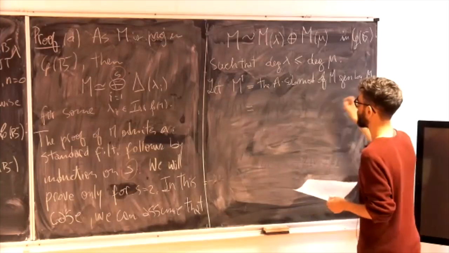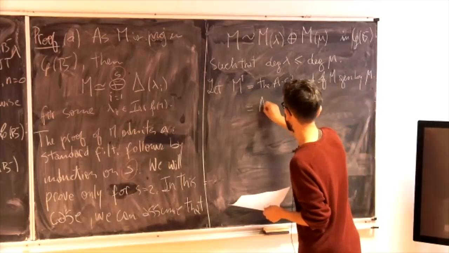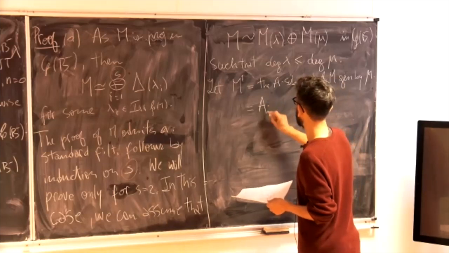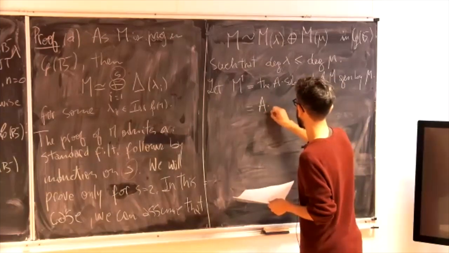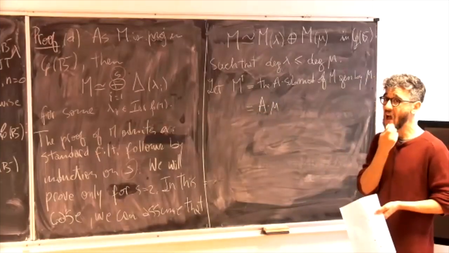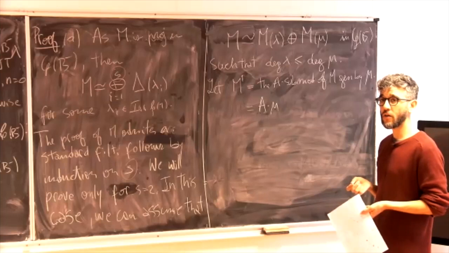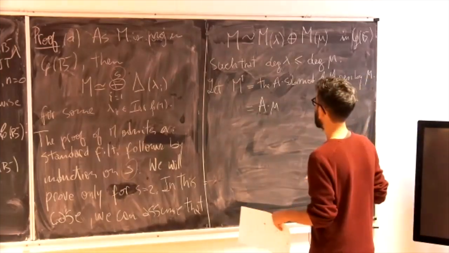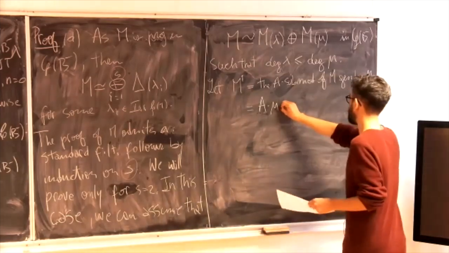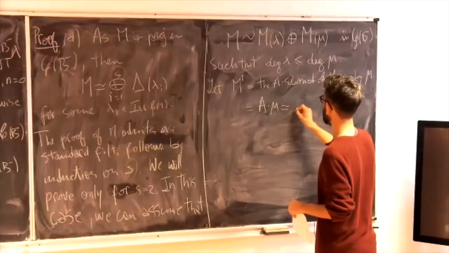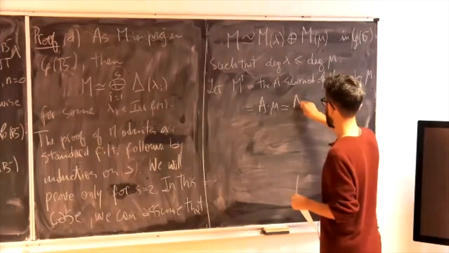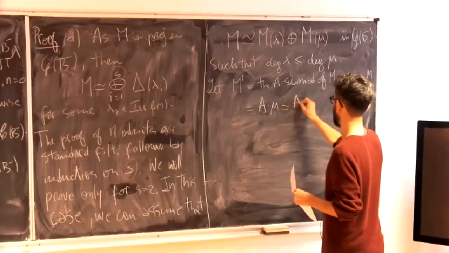So in other words, it is equal to A acting on mu. We have to act by all the elements of A on mu. And because of the triangular decomposition, we can decompose A in the following way.